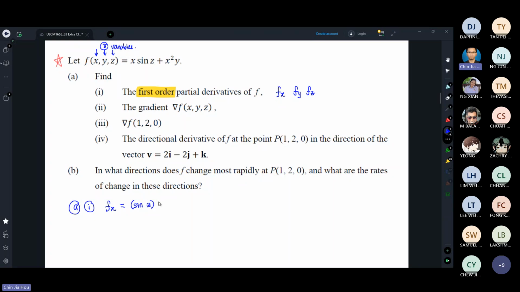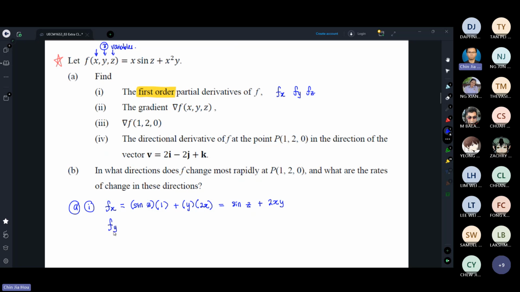If we differentiate the x, what do we get? We get 1. Plus, write down the constant and differentiate the x squared, we get 2x. Rewriting this, we get sine z plus 2xy.